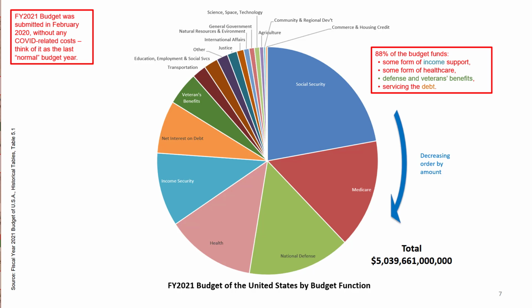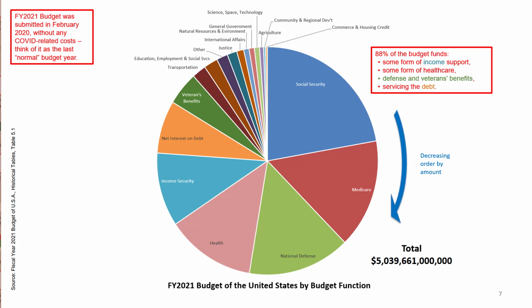Second, it included some form of health care, the red and pink wedges, which are Medicare, and the healthcare wedge, which is mostly Medicaid, but also includes things like the Centers for Disease Control, the National Institutes of Health, and those kinds of functions. Third are the green wedges, national defense and veterans benefits. And fourth is the orange wedge, interest on the debt.